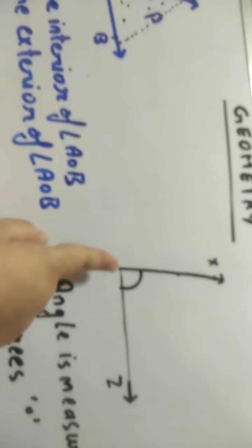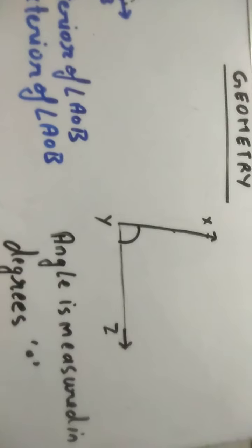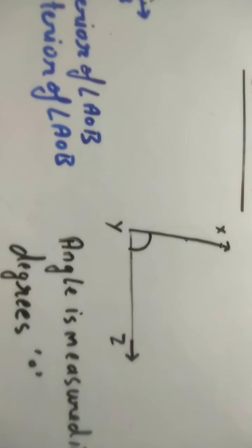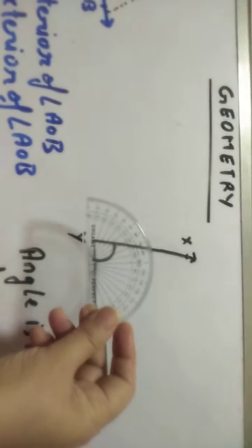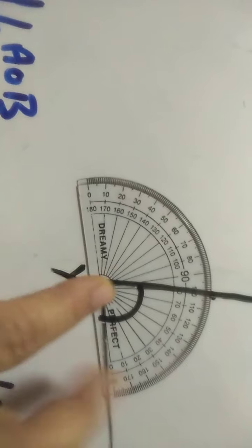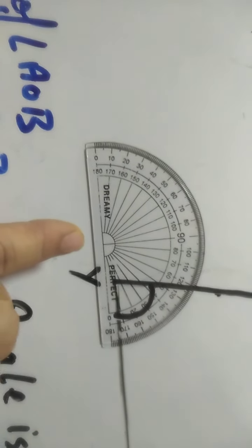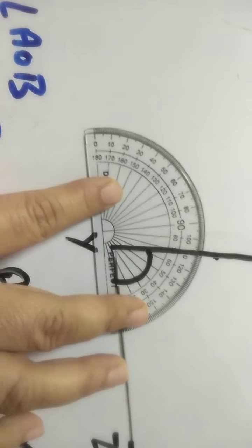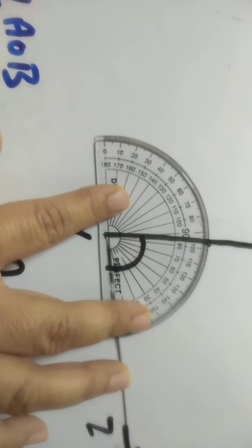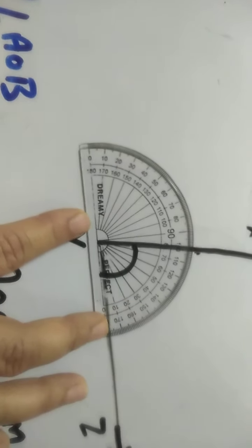If your ray is going towards the right direction, then you have to place your D like this. Just observe it carefully. The intersecting point of the horizontal and vertical line has to be kept just like this.